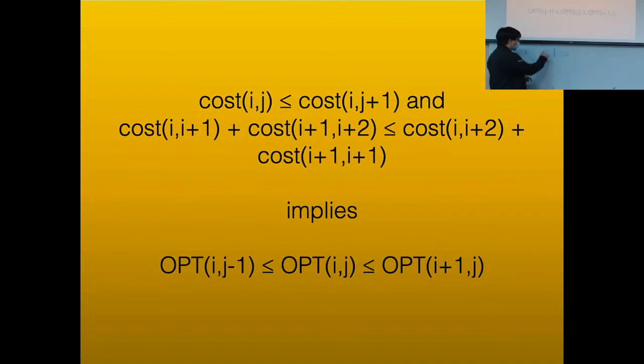So you partition here, and you partition here, right? So this kind of cost, where the cost is just the sum of the elements currently in your dp, satisfies this, right? So the cost of ij is smaller than that, and the cost of this plus this is greater than this plus this.